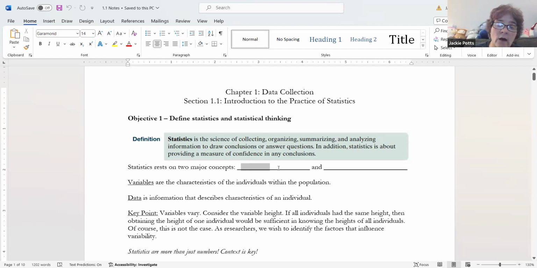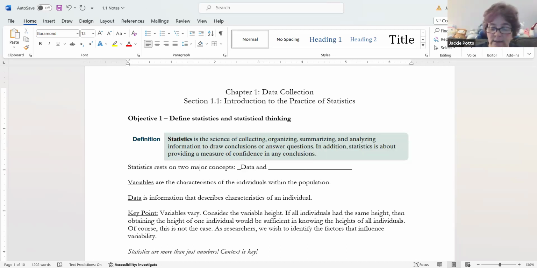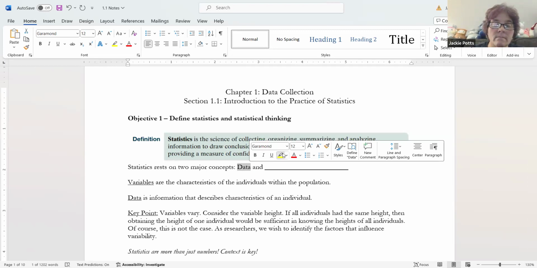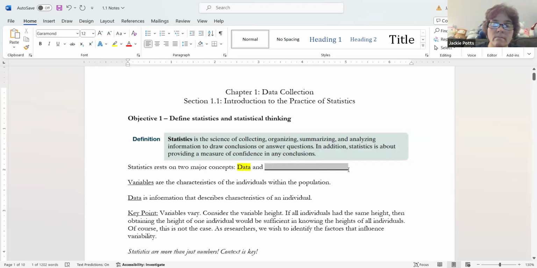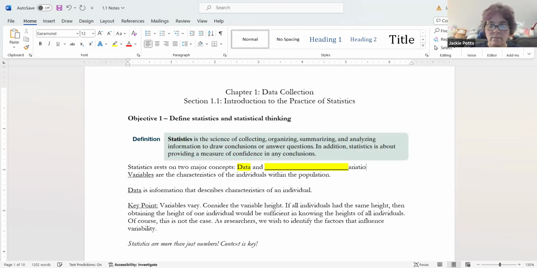Well, statistics itself is based on two major concepts. The data that we collect, and variation of that data.